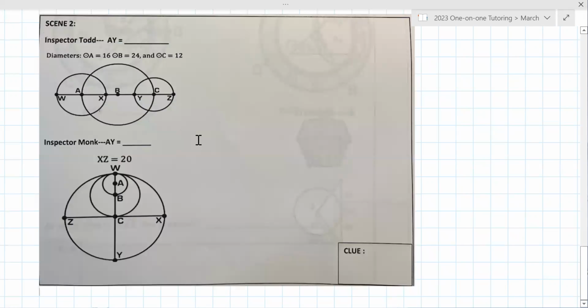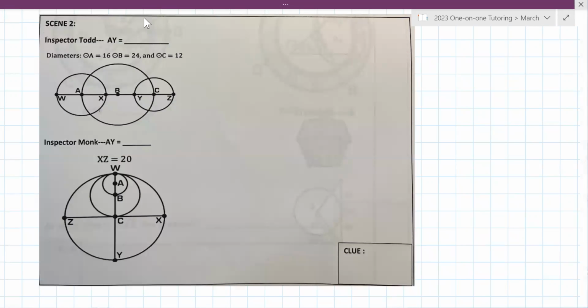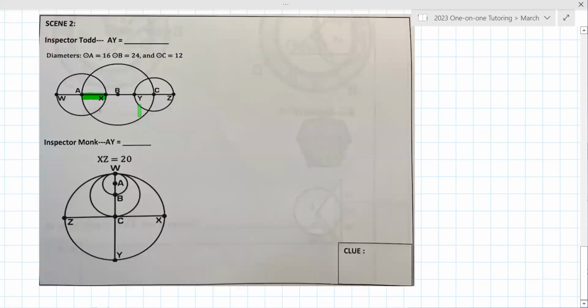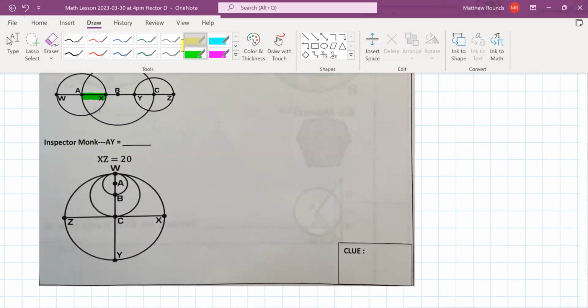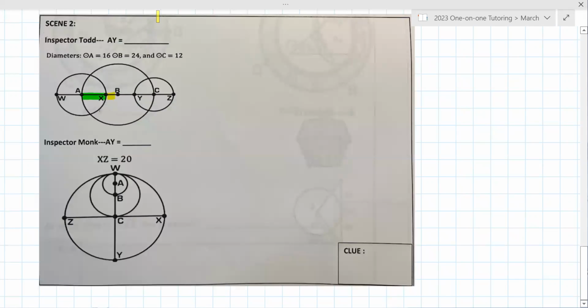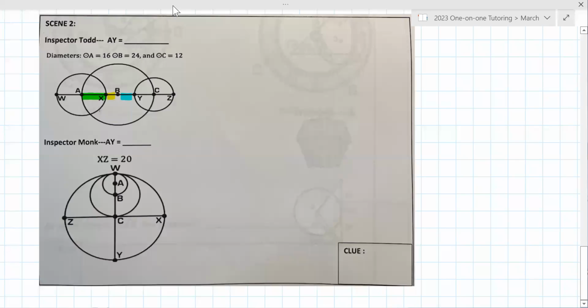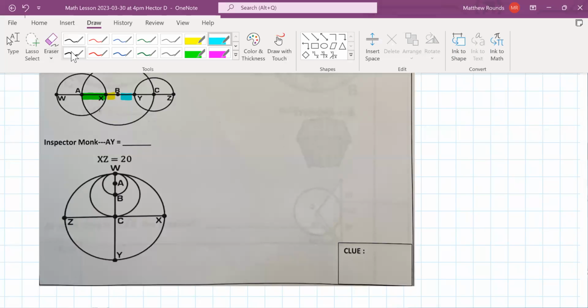Find the distance from A to Y. So you've got to find the distance from A to X, which is a radius, and then that in-between distance, and then this other one. So I guess that's the challenge here.